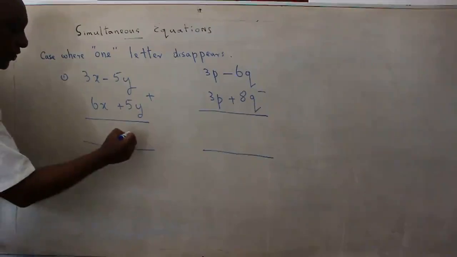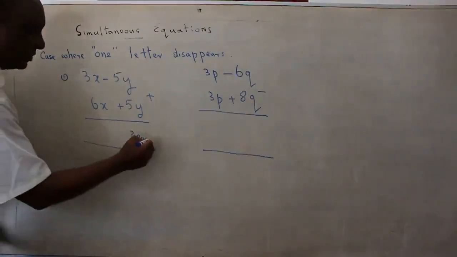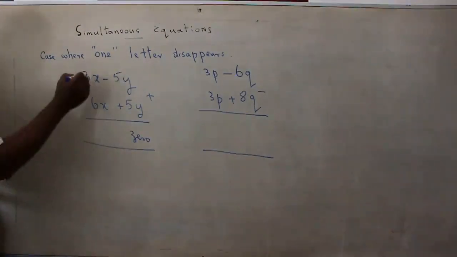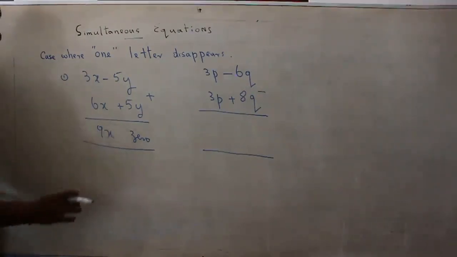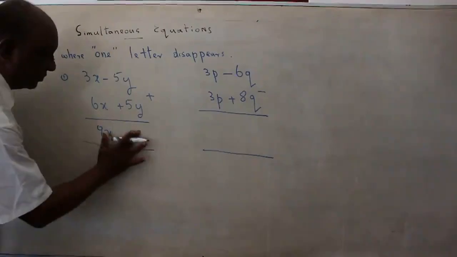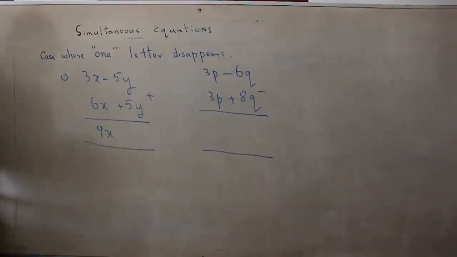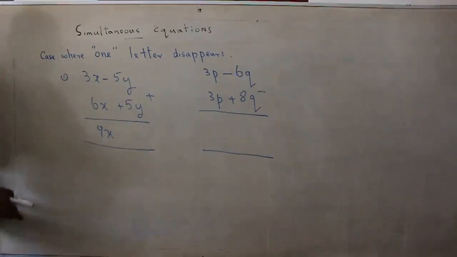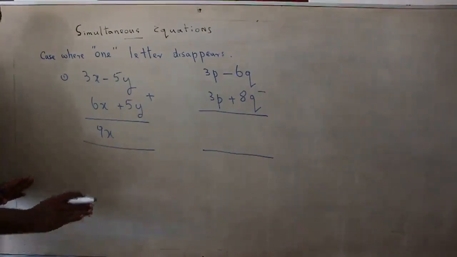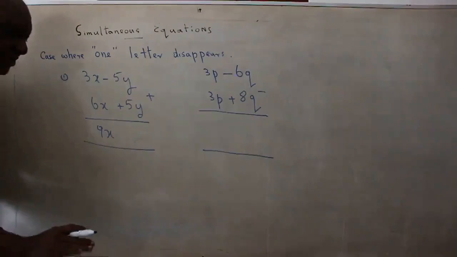You get 0 answer here. There are no y's. 3x plus 6x will be 9x. So 0 means there is nothing over there. The y's have disappeared. In the case of addition, it becomes 0. 0 means there are no y. No y means y is not existing, y is gone.